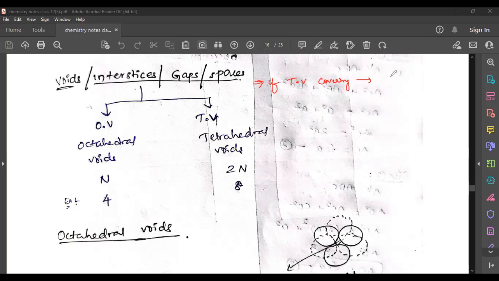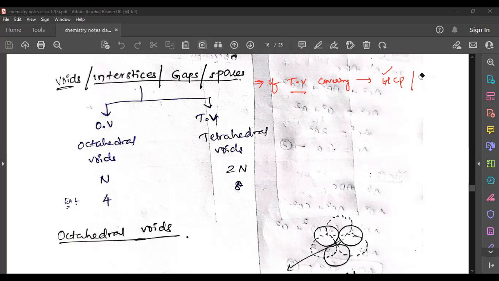Is it the HCP or CCP? What is the answer? If the tetrahedral voids are covering in the given sphere in the three-dimensional way, it is called an HCP structure.